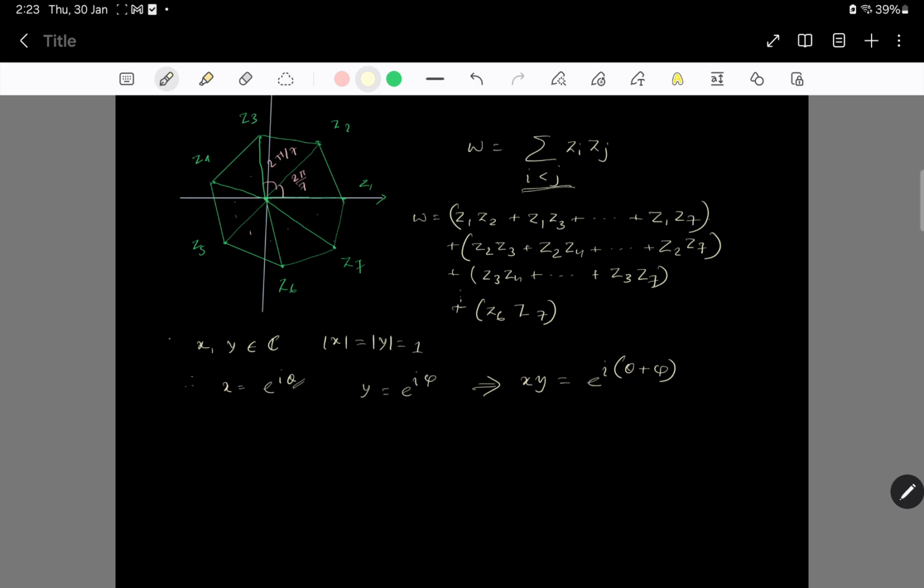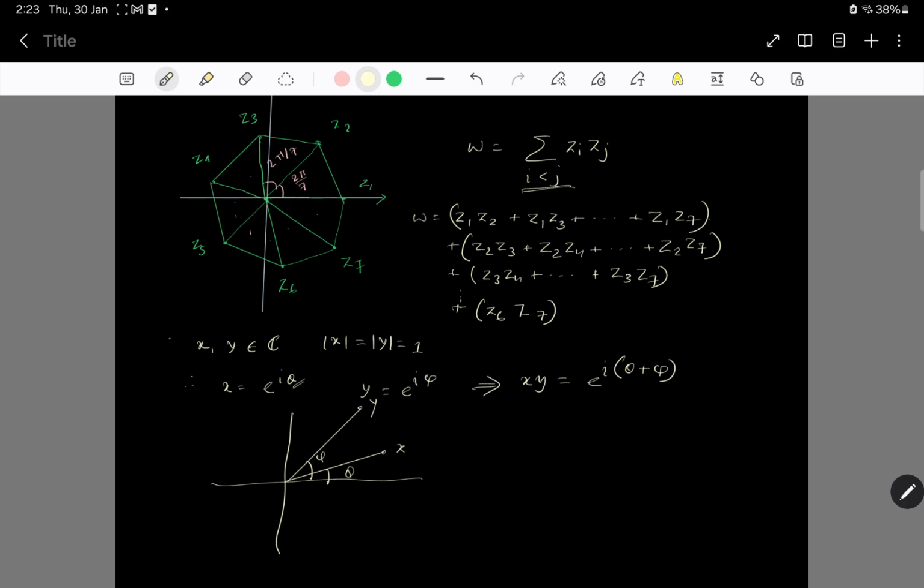Suppose our x was somewhere here making an angle theta, this is our x complex number, and y has the same magnitude and is making some angle phi.